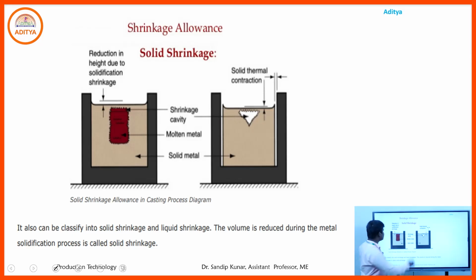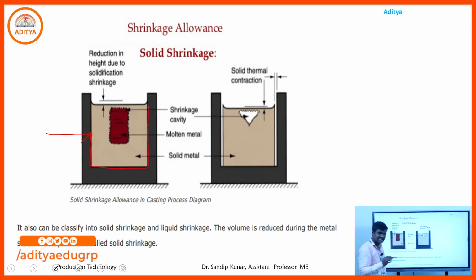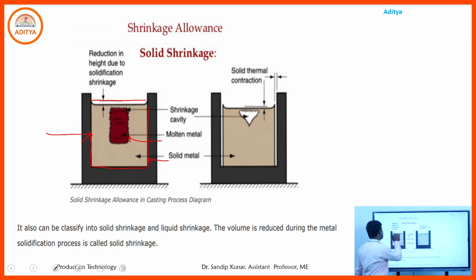Shrinkage allowances, in case of solid shrinkage, we have already seen what happens. When we pour the molten metal, heat extraction takes place from the mold surface, and due to higher heat extraction from that surface, solidification starts from the mold surface and goes towards the center. If we consider this as the datum line, when we pour the molten metal it fills up to that datum line.